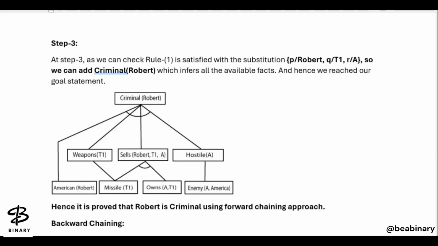But backward chaining focuses on a finite number of possible conclusions, because based on the goal statement we know what we need to search out.